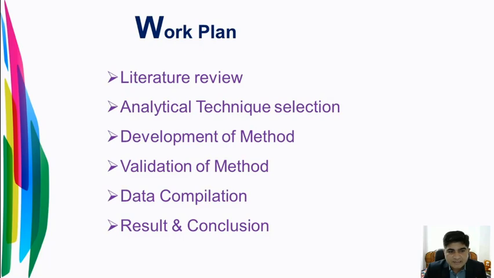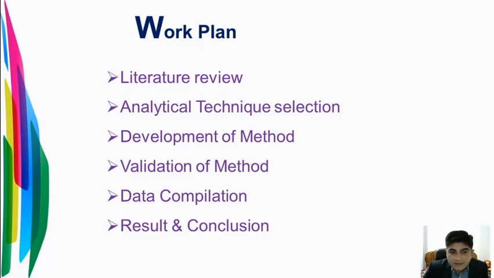Work plan. How can we plan our work? The first step is the literature review, as we have discussed. Next is the analytical technique selection, as I have already told you: the extraction technique and chromatography technique. Next is the development of the method, which requires some literature review.